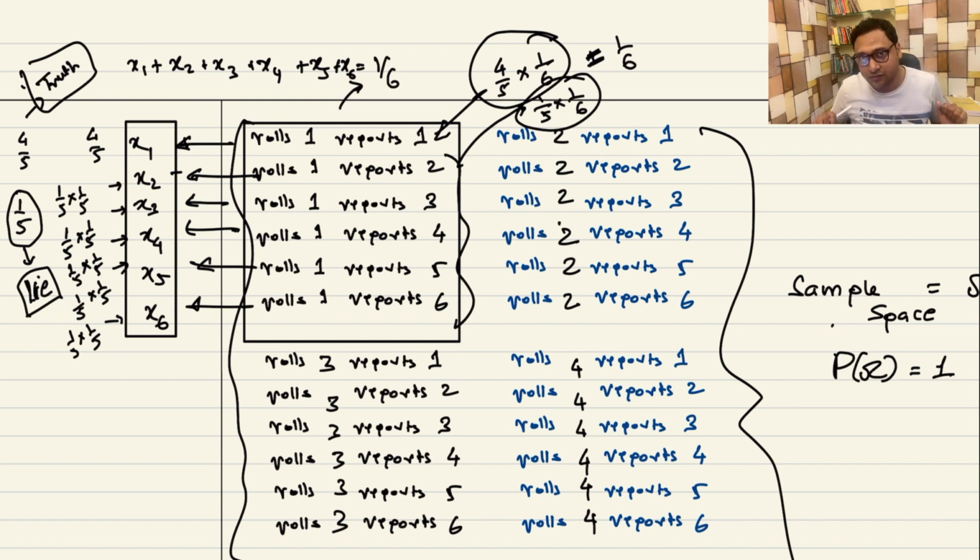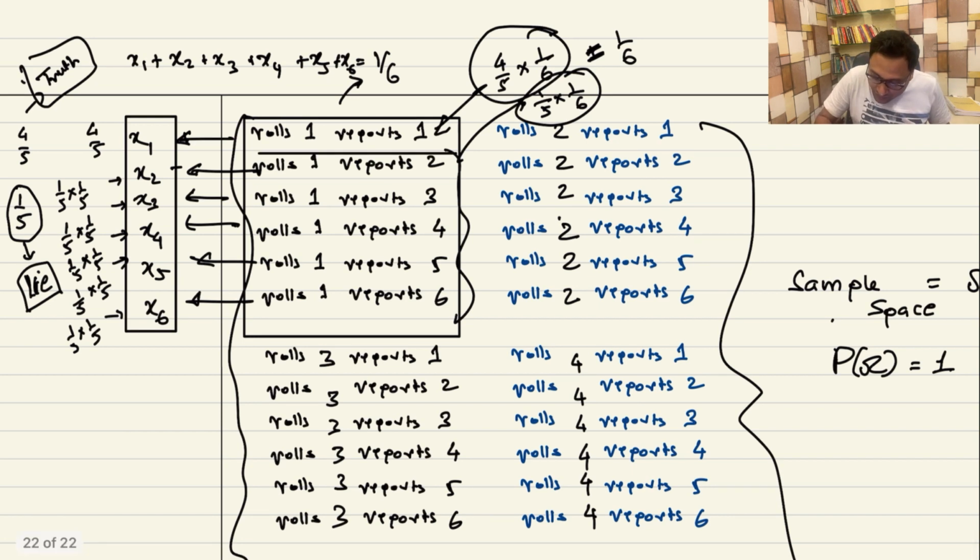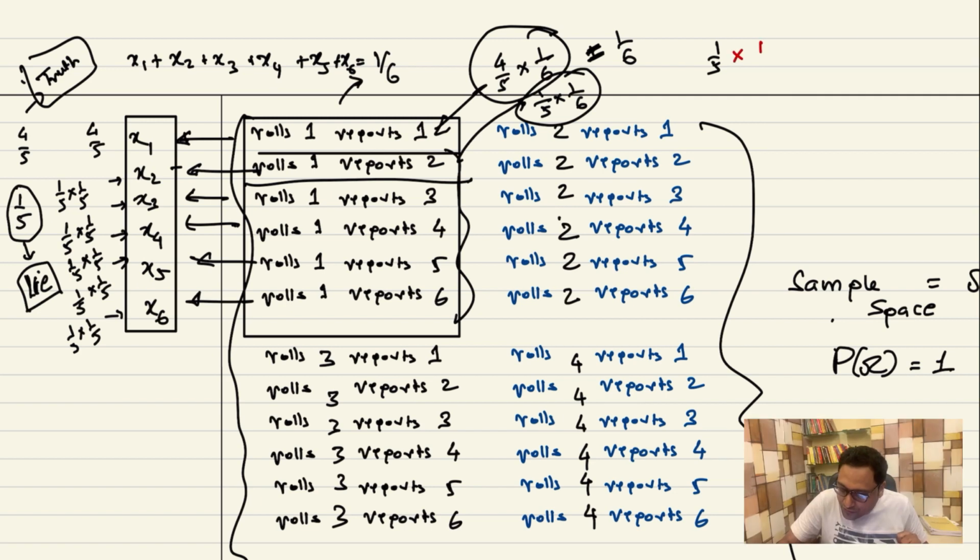That's what's going on. 4/5 times 1/6, that's the first part. And the 5 remaining ones should be 1/5 of 1/6 together. So each of them should be a fifth of 1/5 of 1/6, so that together they become 1/5 of 1/6.